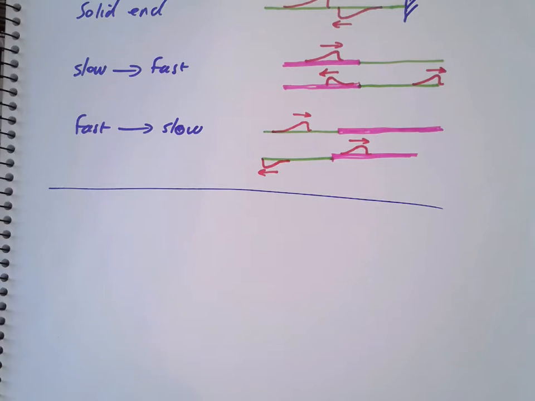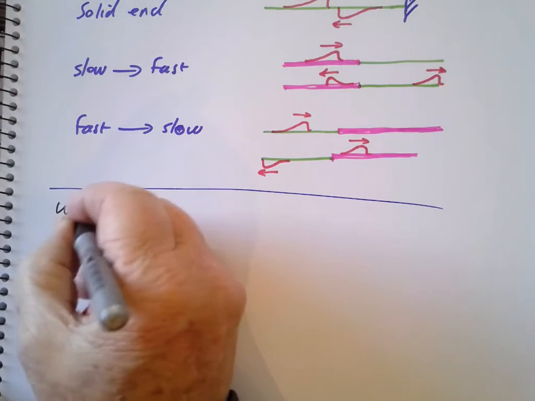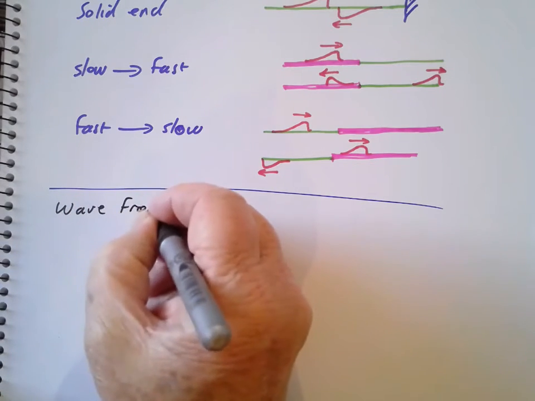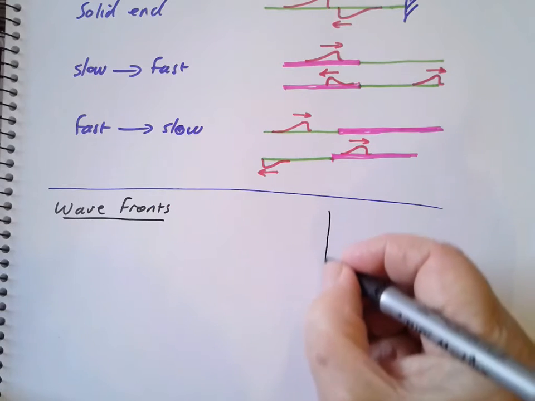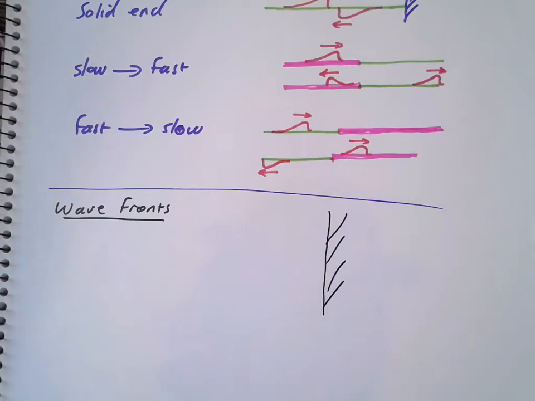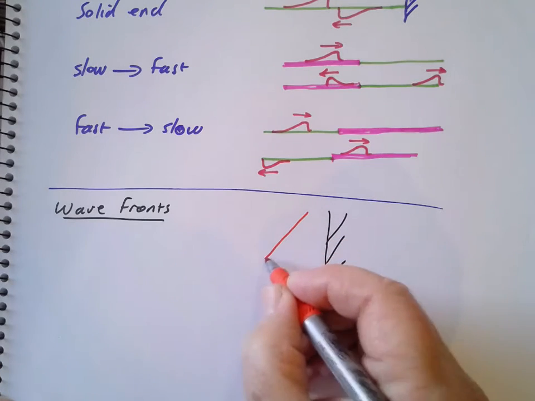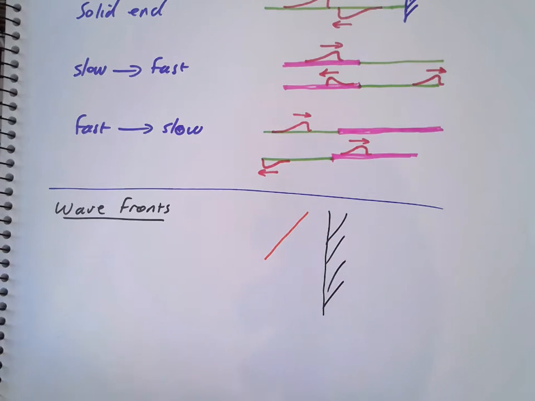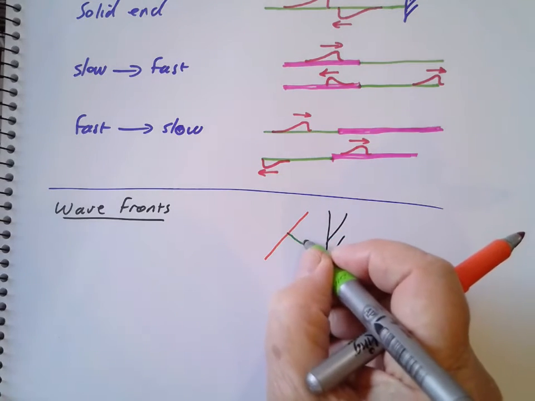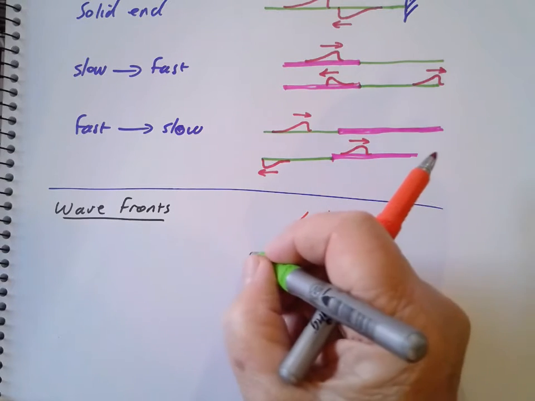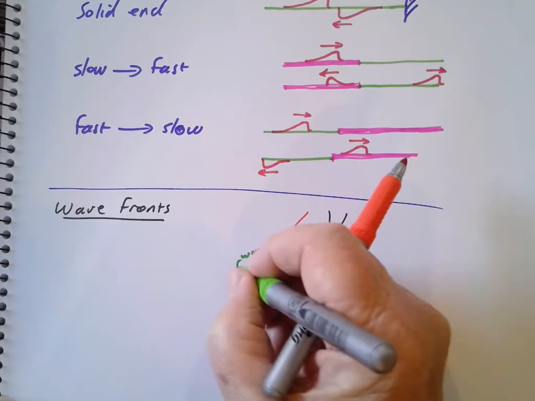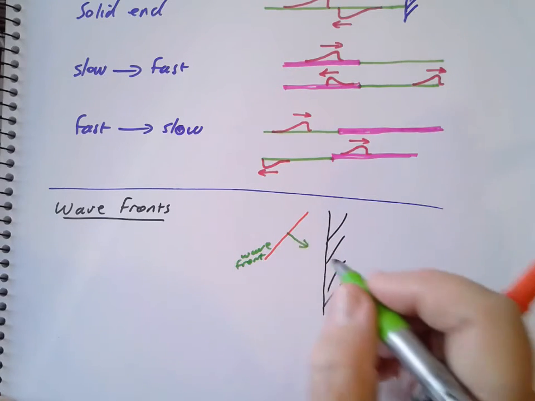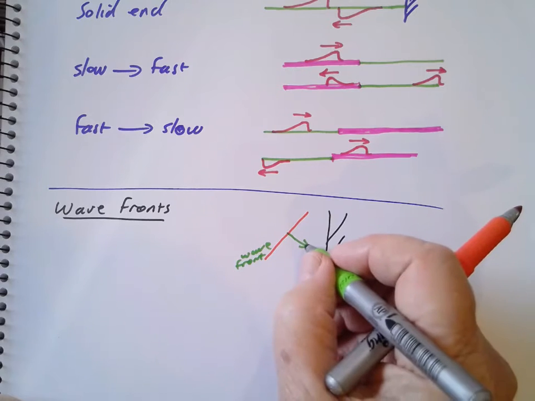I think you did a little bit about wave fronts last year and reflection and stuff like that. When a wave front bounces off a barrier, so here's the wave front, and it always looks complicated when you do it this way, but if you in fact just take the direction, so if the red is the wave front, so an actual straight wave, the green arrow is the direction that it goes.